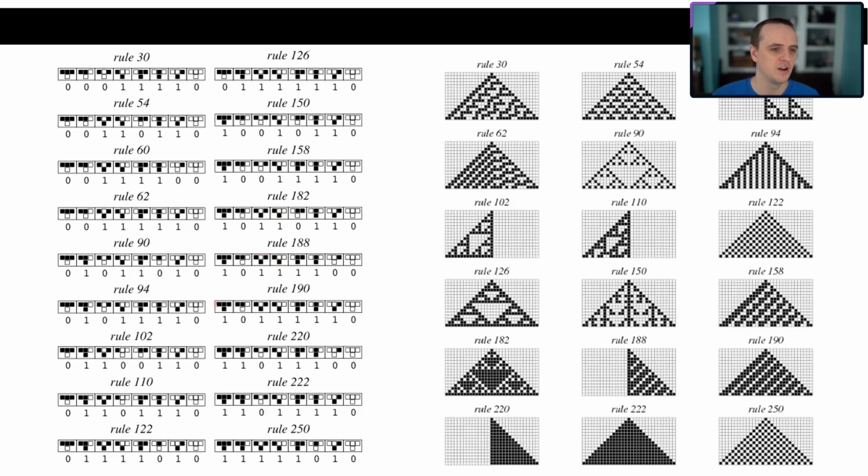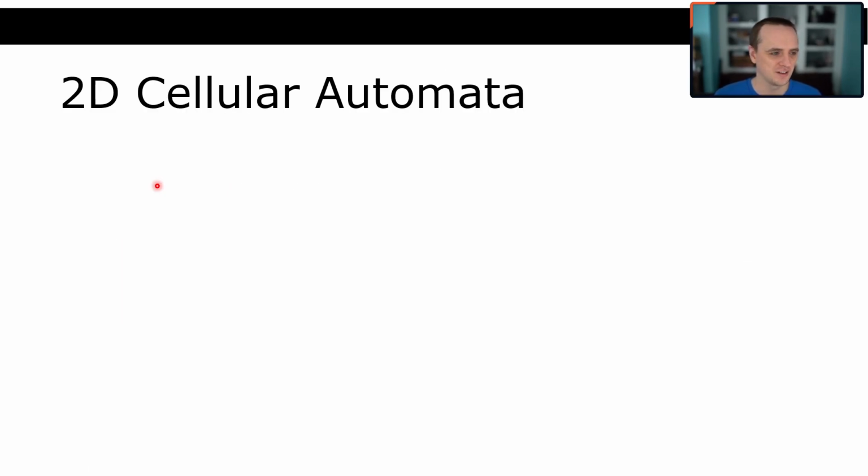If there's 9 values, what's 2 to the 9? That's 512. So there would be 512 possible rules rather than, no, that doesn't seem right. Is it? No, it's 9 cells, 2 possible values for each one, and all possible orderings of those. So there's lots of them. Okay, I'm not going to go into that then. There's lots of different possible 2D patterns, so we're not going to list those.